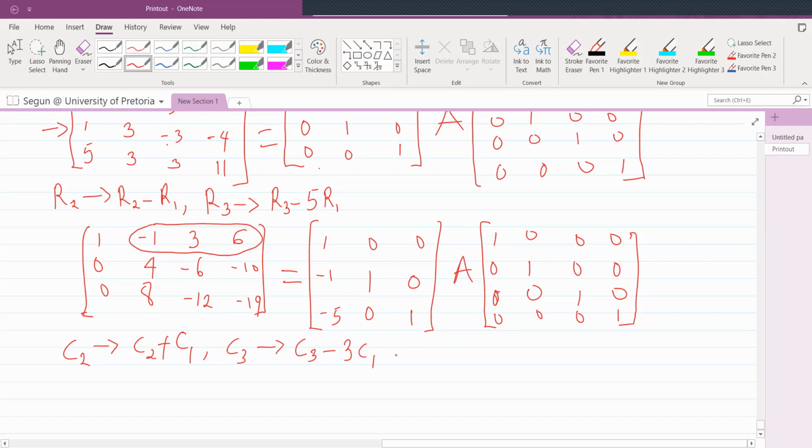Okay. Next, C4. C4 will be equal to C4 minus 6C1. Correct. So this is the kind of operation. Who is not clear, raise up your hand. What we are doing. Silence means it's clear. We should continue.